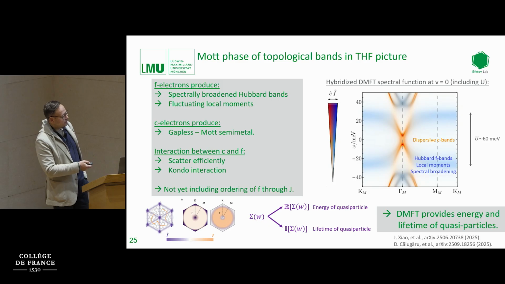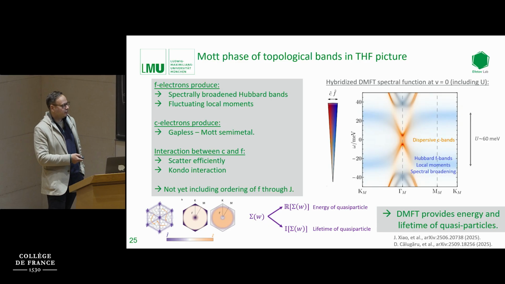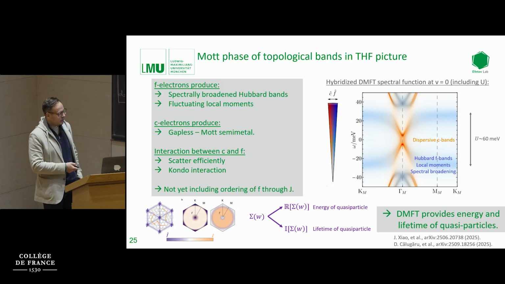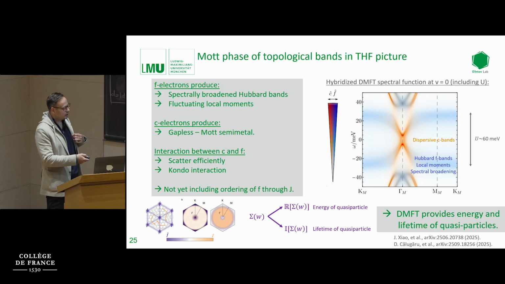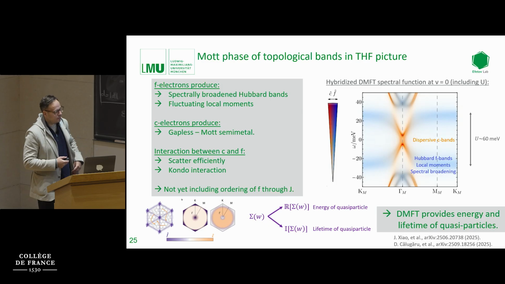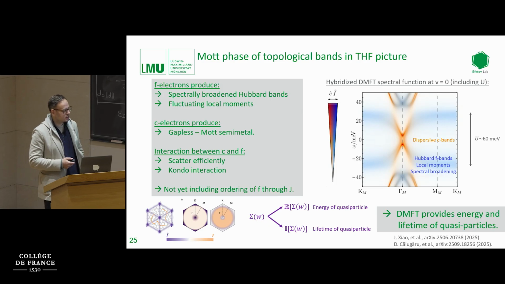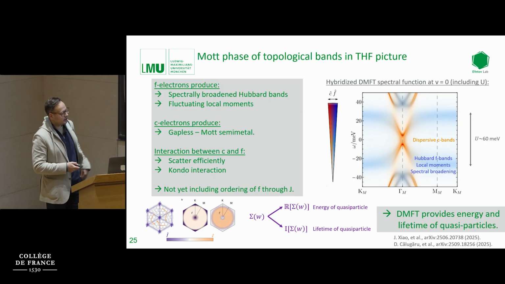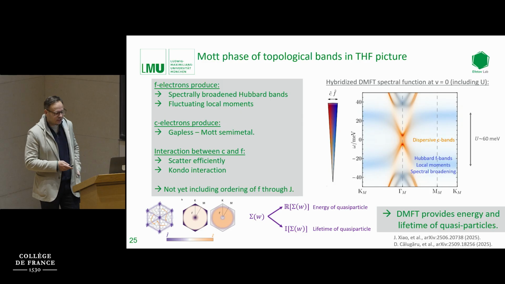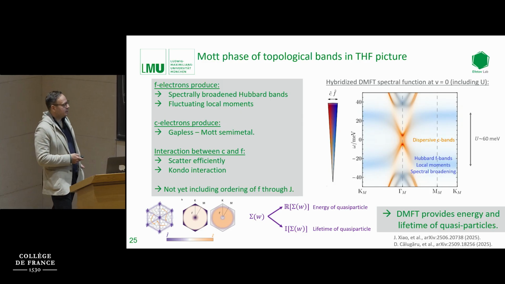However, these Hubbard bands can form local moments that can also be very strong scattering centers. Basically they can give a lot of fluctuations and scattering for the C electrons. So the C electrons can very strongly interact with these local moments that are in the Hubbard bands.